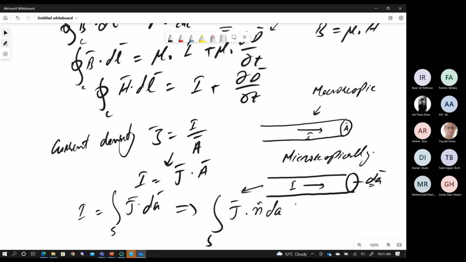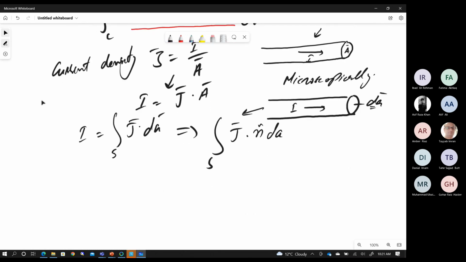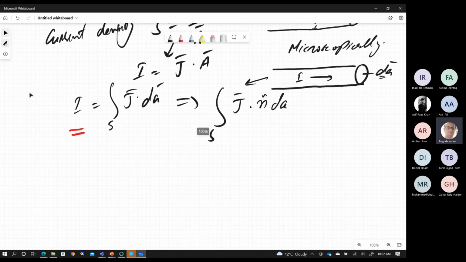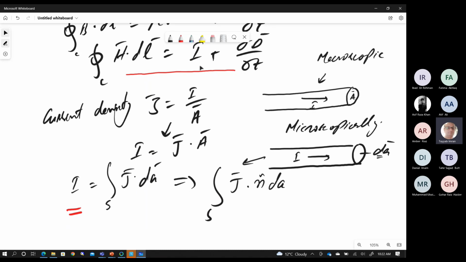Now, we know this equation here. So this I, we can substitute here.